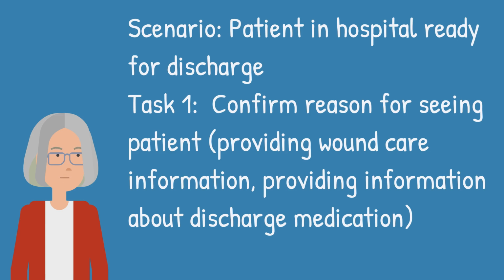How are you feeling? Planning the role play. Do you need to introduce yourself and explain your role? Yes. You need to introduce yourself and explain that you are one of the ward nurses. Then you'll move quickly on to the first bullet point to confirm the reason for speaking to the patient.